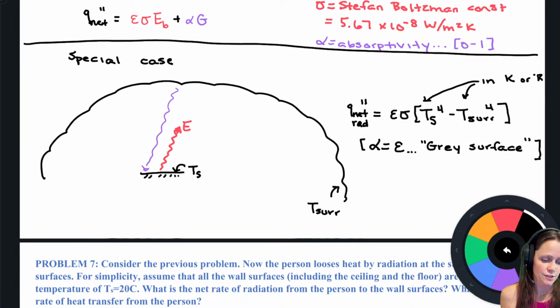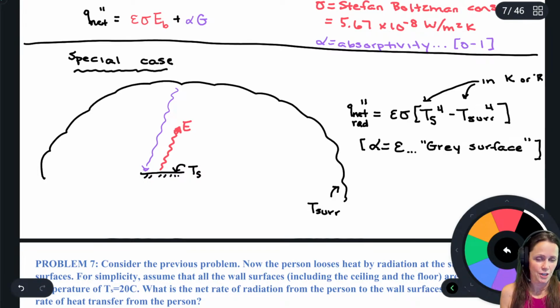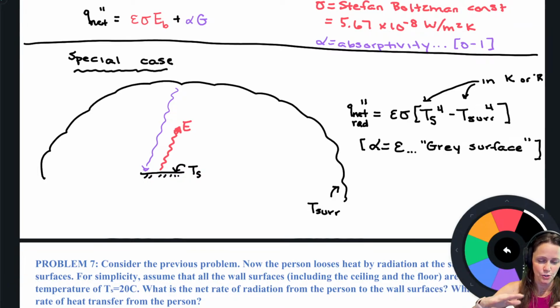A gray surface is defined as one in which the properties of that surface are independent of the wavelength of the radiation that is being emitted or is being irradiated on its surface. But for us, the only thing we need to worry about is that either we're told it's a gray surface or we have this special case of a surface surrounded by a big enclosure, in which case I want you to make that assumption.